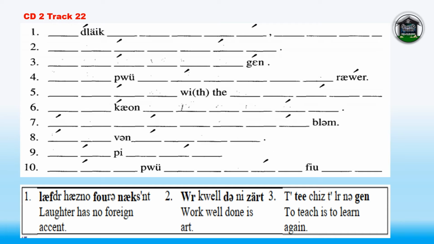Ver. Woe. Go. Let's. 4. Rower. Fur. Doff. Try. 5. Ray. Raw. With the.